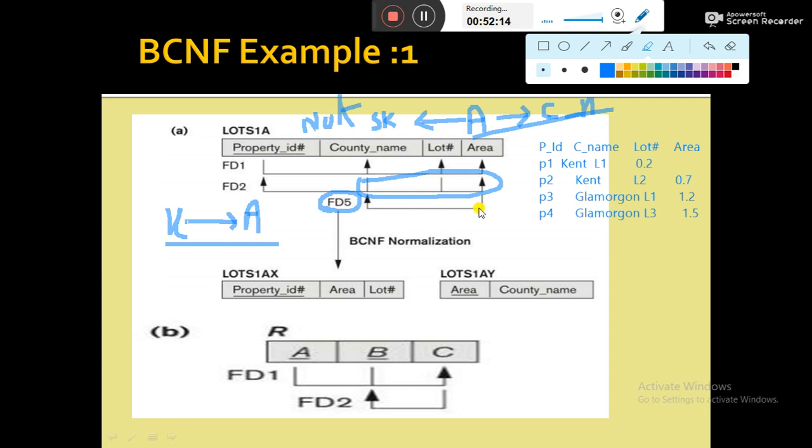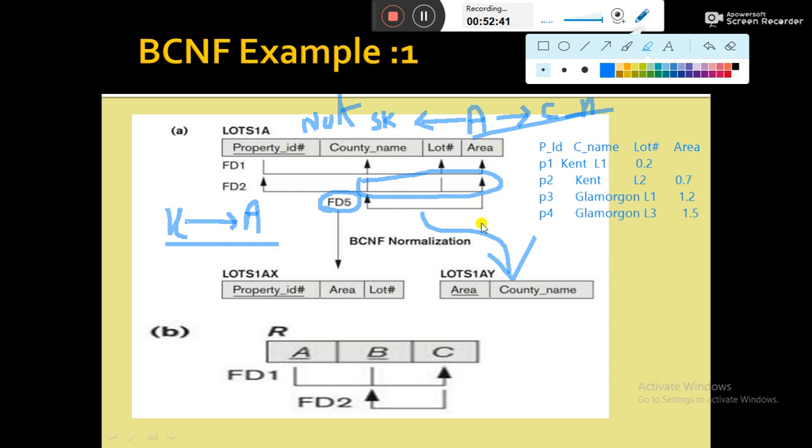So what we have to do is convert it into BCNF by decomposing the relation. How to decompose? We have to move the functional dependency that violates BCNF into a separate relation. That means this functional dependency is moved to another relation. So break it into the new relation Lots1AY: area, county name.